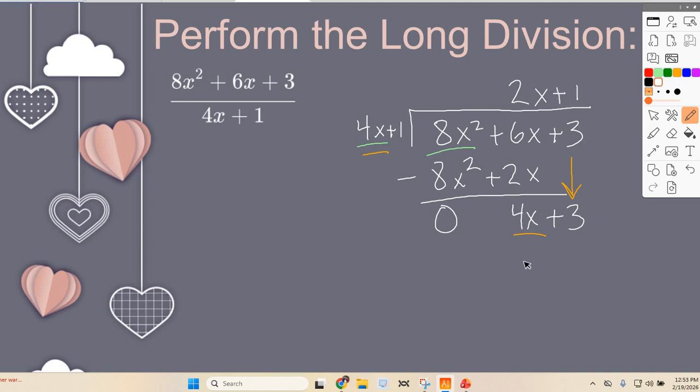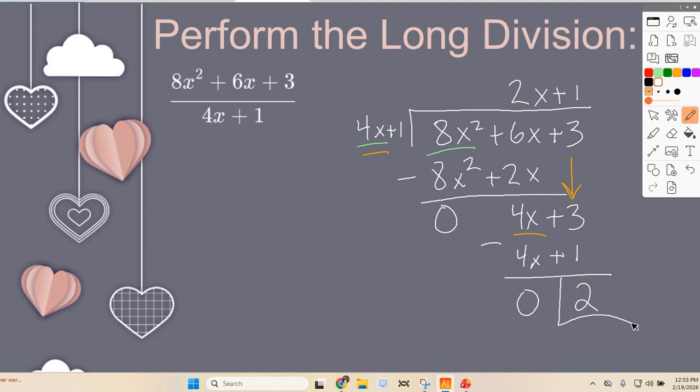So then 1 times 4x gives me 4x plus 1. Again, I'm subtracting. So 3 minus 1 gives us 2. Is there anything that I can multiply 4x by to get 2? No. So what is 2? The remainder.